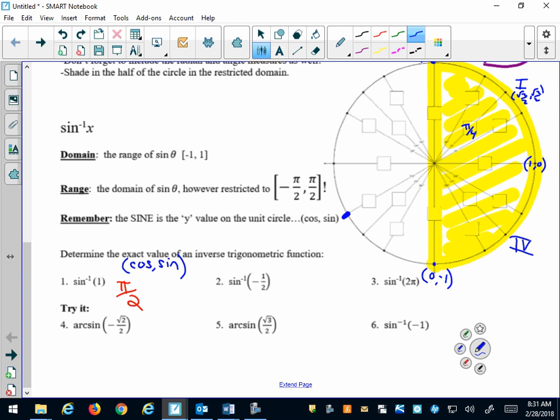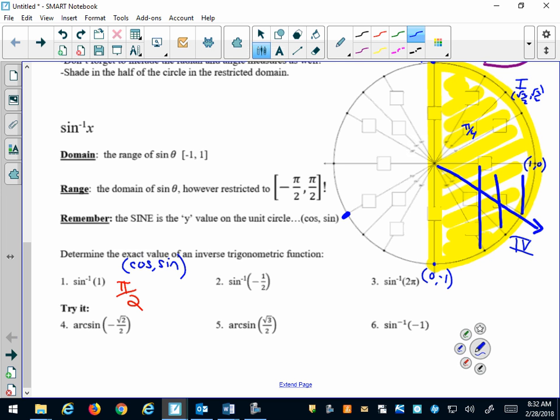Well, first of all, which quadrant? It's got to be down here, because cosine then sine. So which one of these values gives us negative a half? Right over here. But remember, we've restricted it to negative pi over 2 to pi over 2. So you're not going to think of this as 11 pi over 6 right now.